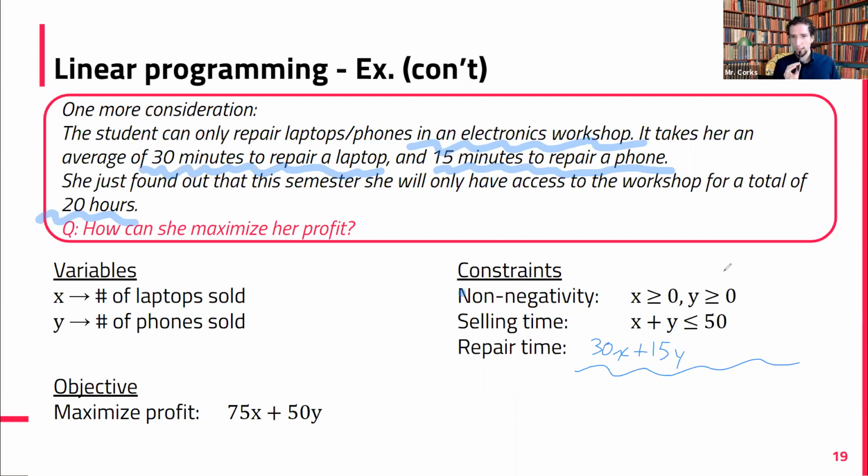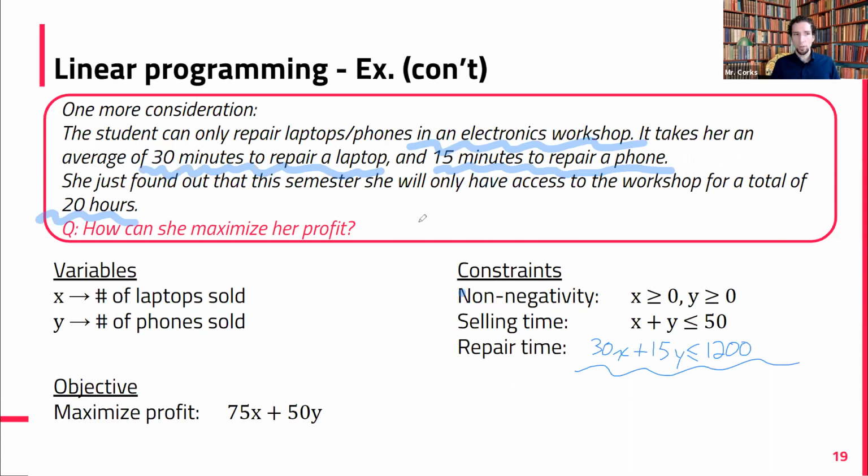Can someone else tell us, should this be less than or equal or greater than or equal? Less than or equal. Okay, why less than? Because she has a limit of 20 hours per semester, sorry. She can't work more than the time that is given. Okay, so this is a limit.